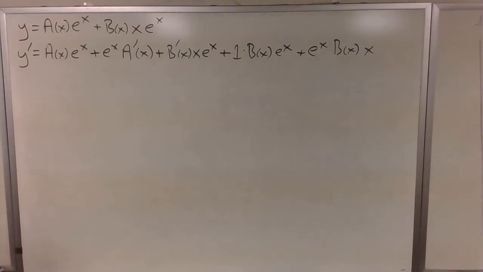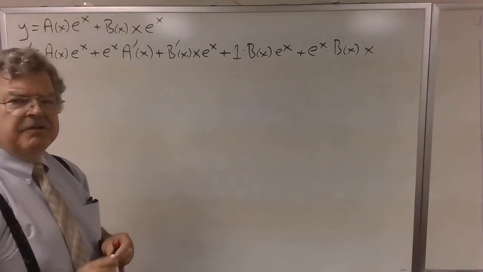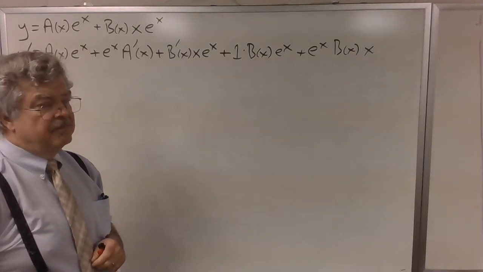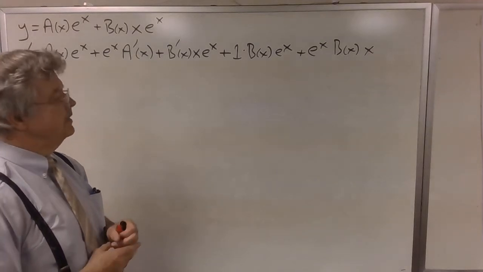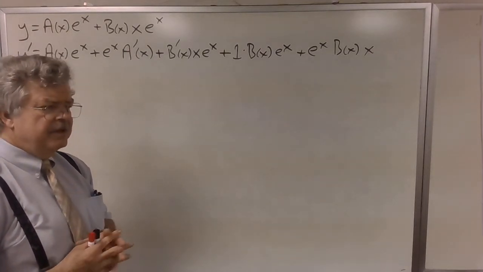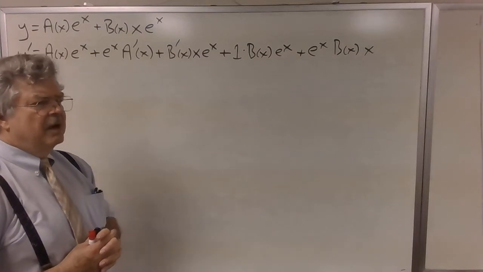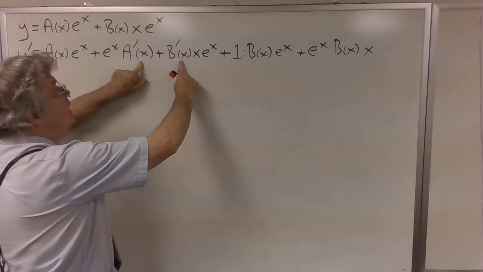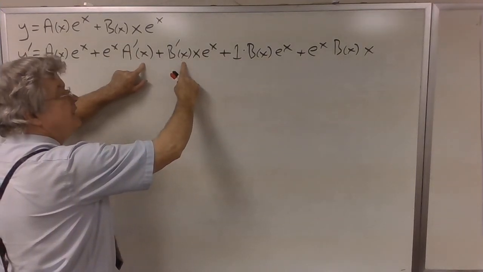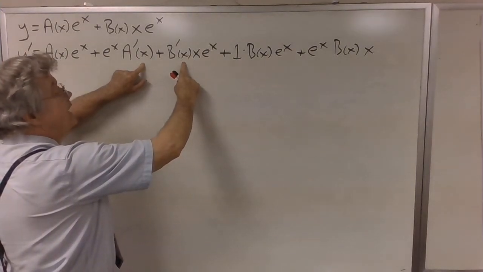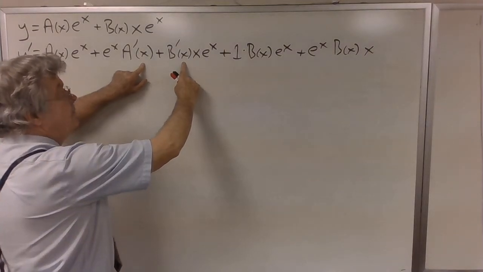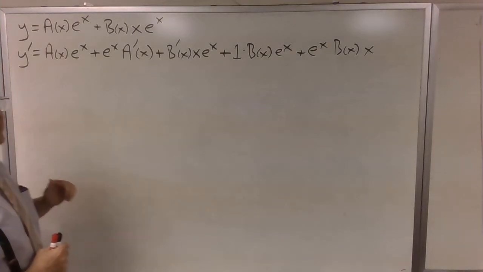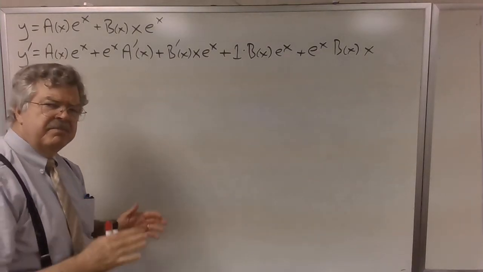Well, maybe not. Maybe what I'm going to do first is just impose my remaining restriction for the sake of simplicity. In the example that we did yesterday, we took the two terms that had the derivatives of a and b in them and just said that their sum is equal to 0. That way we get rid of a prime and b prime, and when we compute y double prime, we won't have any a double primes or b double primes.